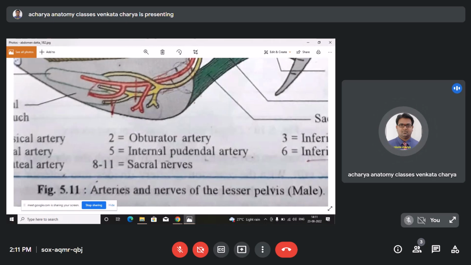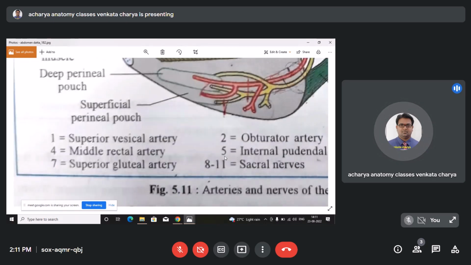So here, first, the superior vesical artery supplies the upper part of the urinary bladder. Next, the second one is the obturator artery, which supplies the external genital organs.